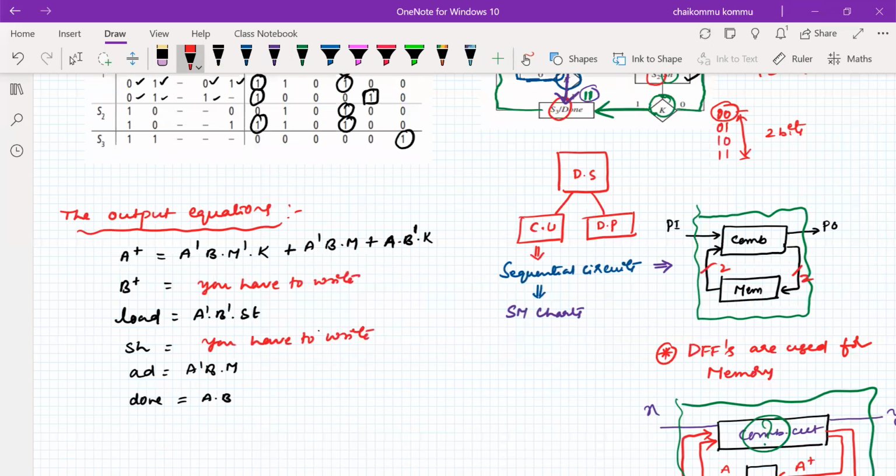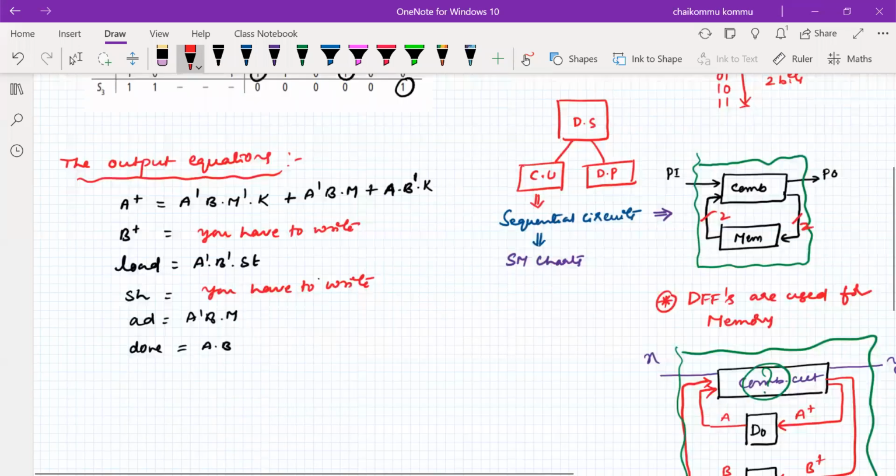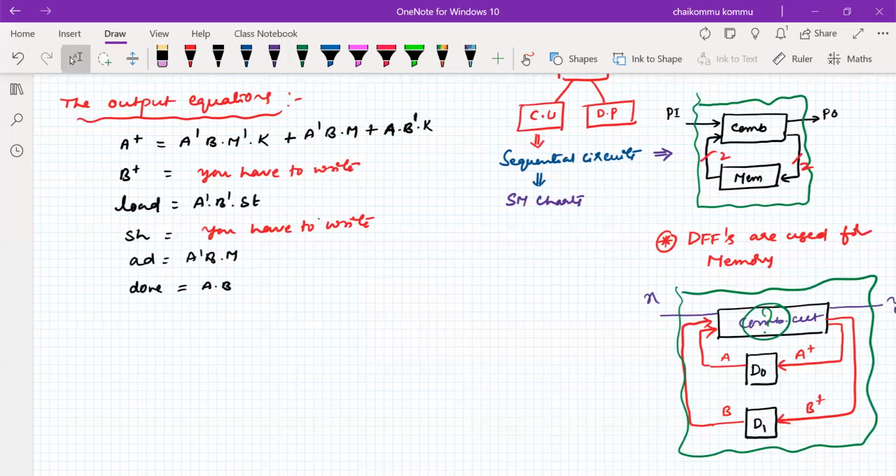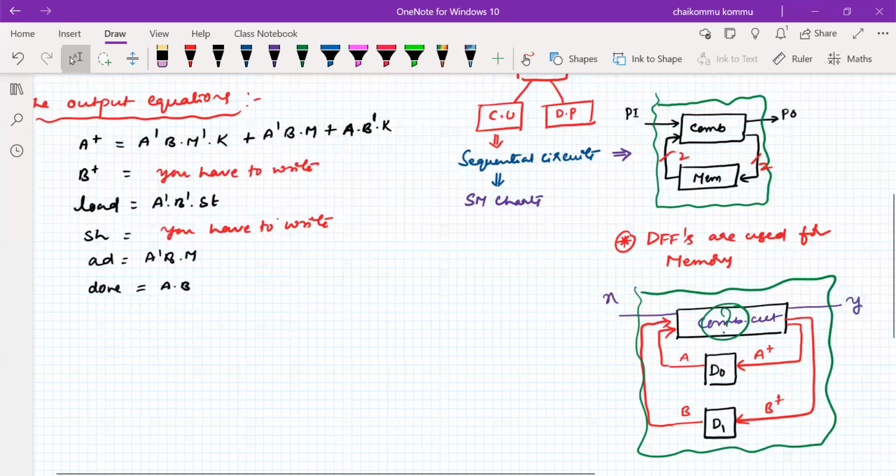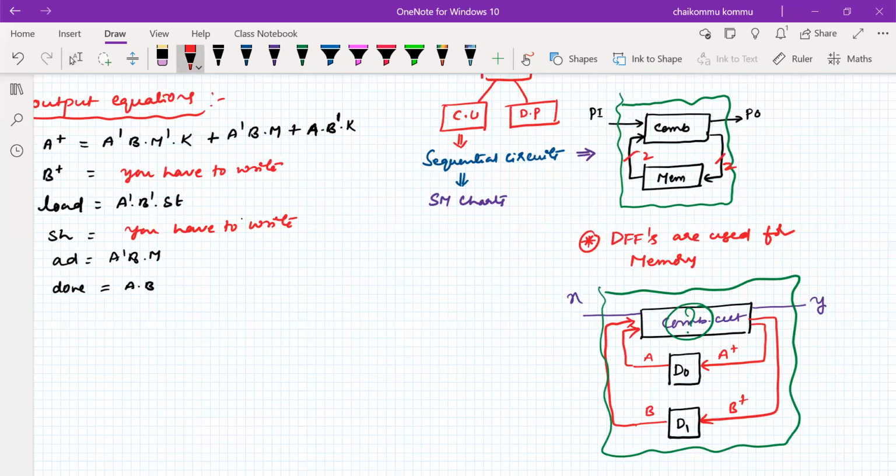So now everything is known. Okay, then we can develop the mathematical equation from it. Of course, the outputs for this one are not only a single output. You can see here, the outputs are A plus, B plus, already known.